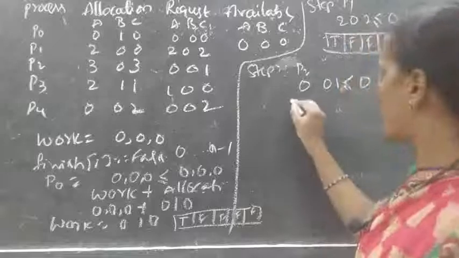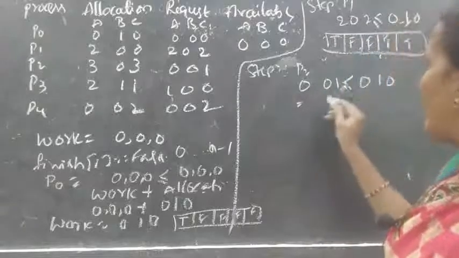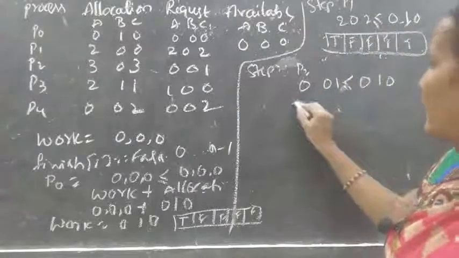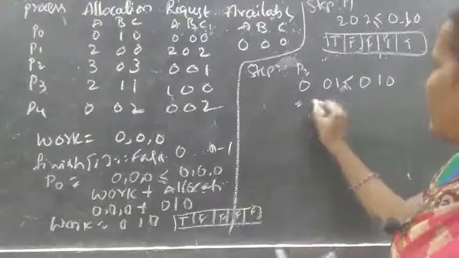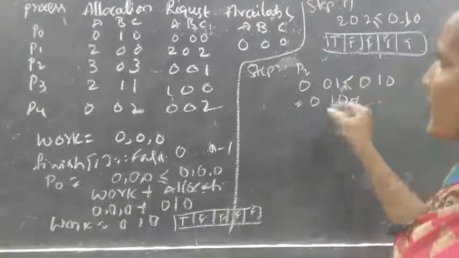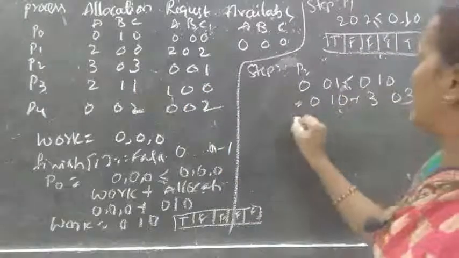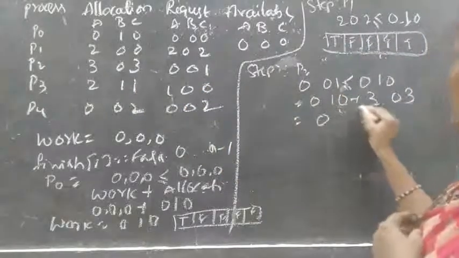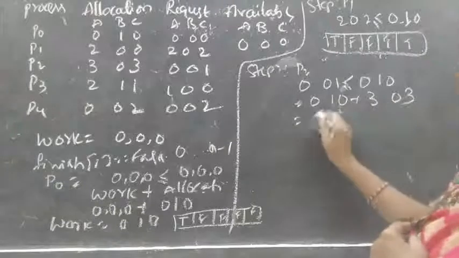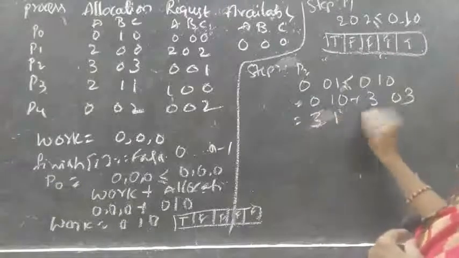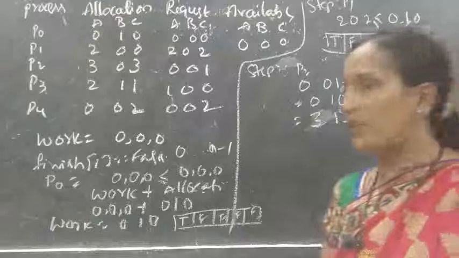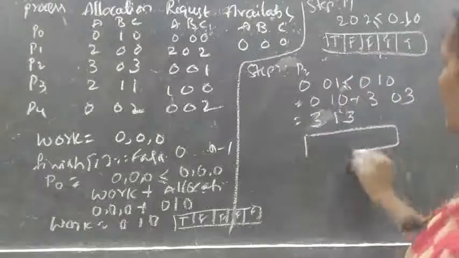Then work equals work plus allocation: 0, 1, 0 plus the already allocated resources, 3, 0, 3, gives 3, 1, 3. Understood?